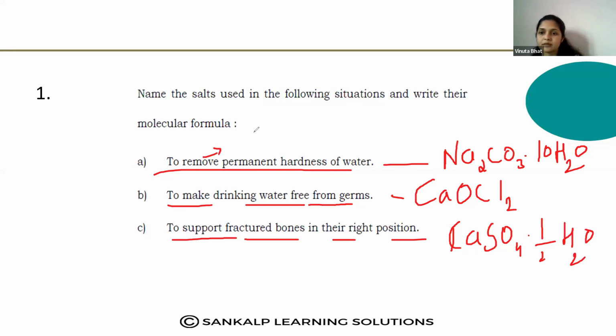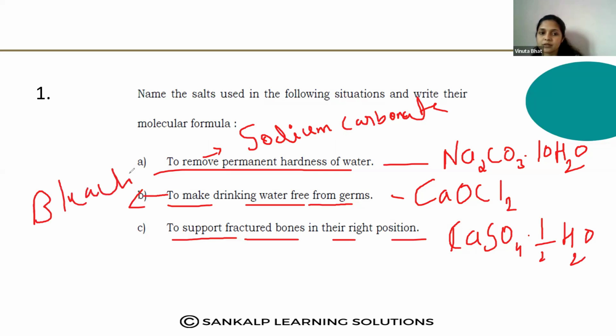You should write the names: to remove the permanent hardness, sodium carbonate. To make the drinking water free from germs, bleaching powder. To support the fractured bones in their right position, plaster of Paris.